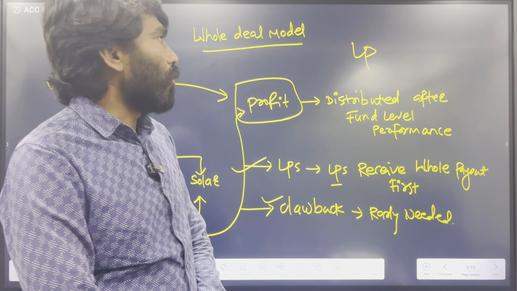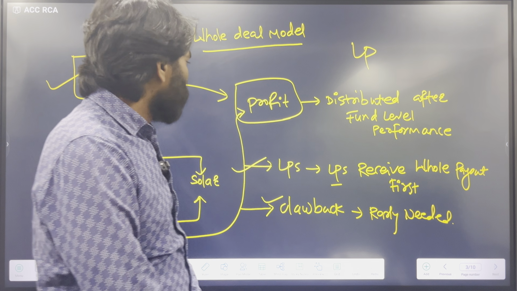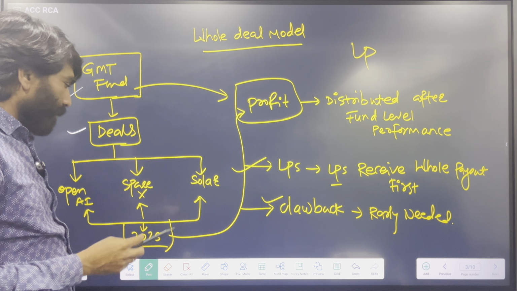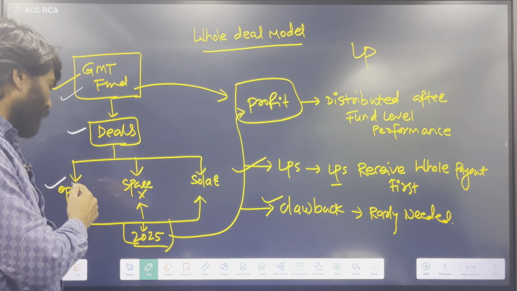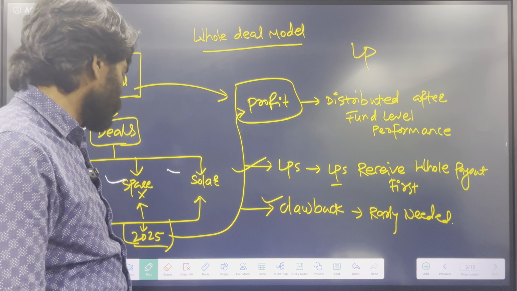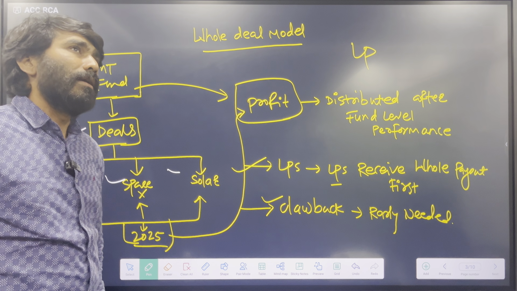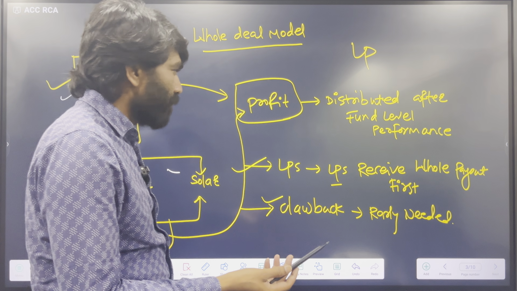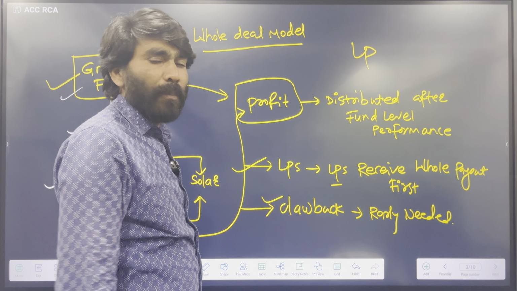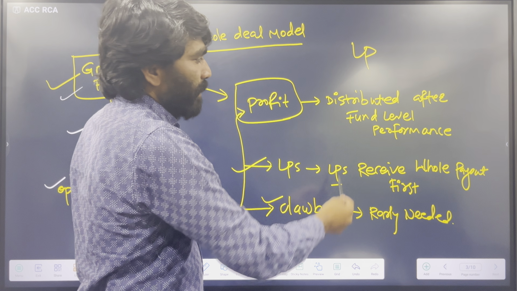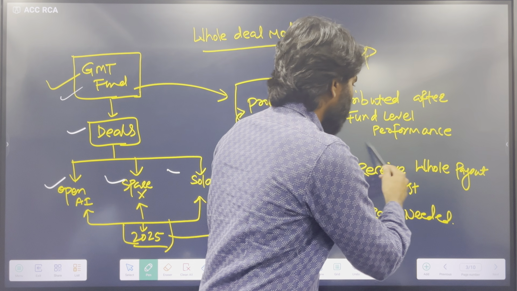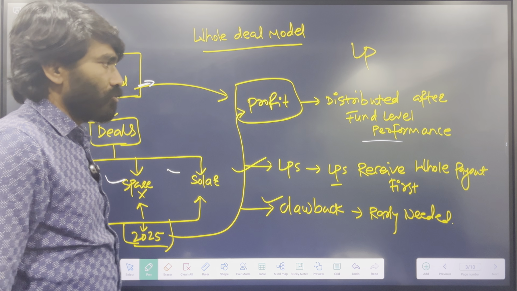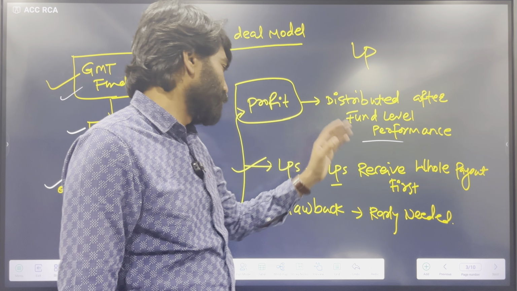Now if I talk about the whole deal model, let's say the GMT fund has different deals, which are OpenAI, SpaceX, and the solar investments, and all will be exited in 2025. In that case, profit or loss, whatever it is, will be distributed after the fund level performance is checked, and on the basis of that, profit and loss will be distributed.